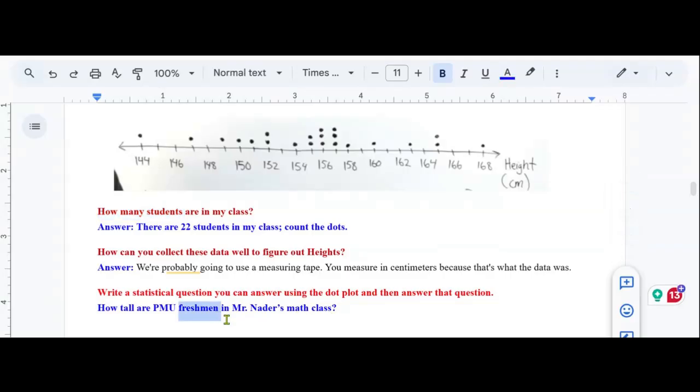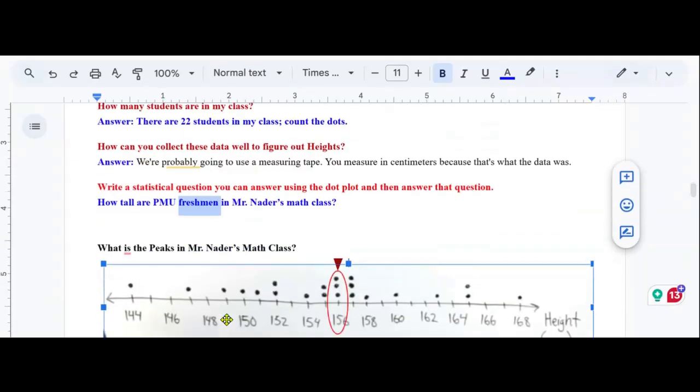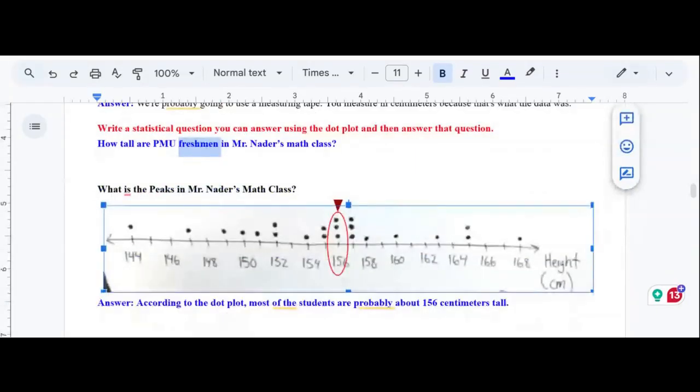You can make it senior or junior. We can even calculate the students who are not freshmen, who are sophomores. Or you can say in general, what is the height of students in BMU? Then you have to go back and measure. You cannot really measure everybody in BMU. You have to take a sample.